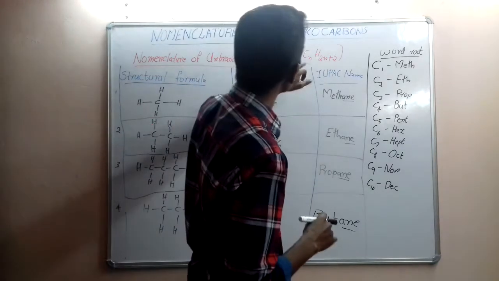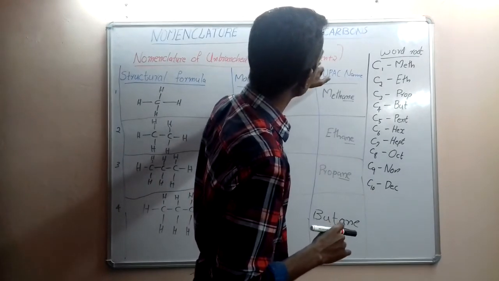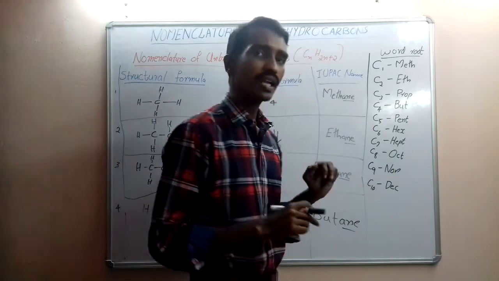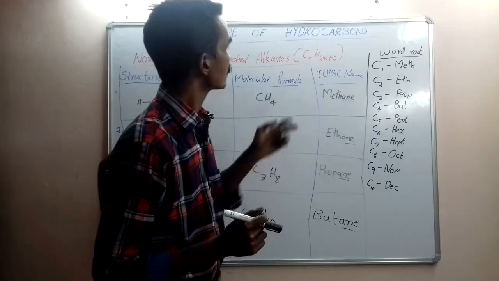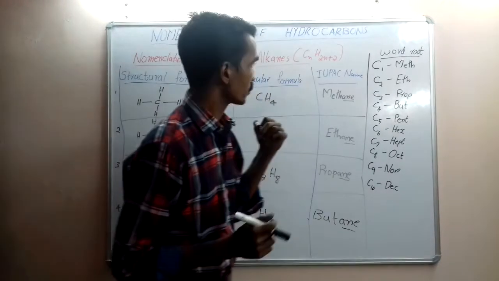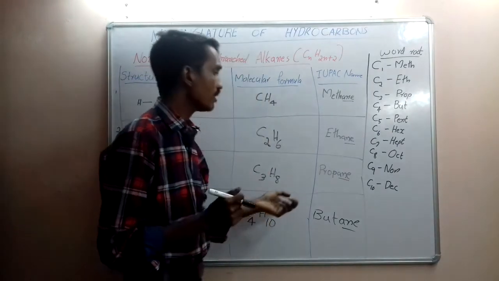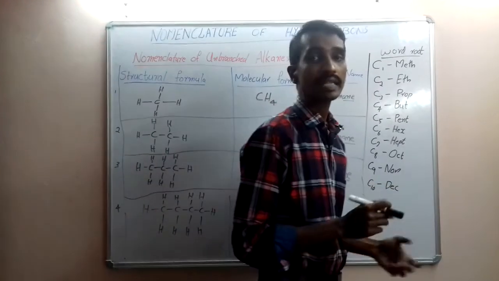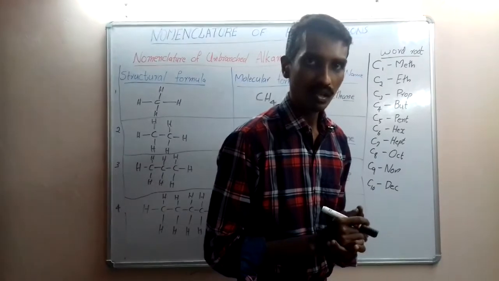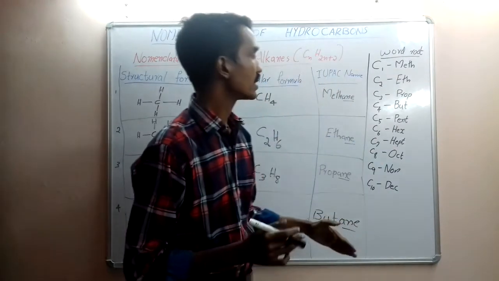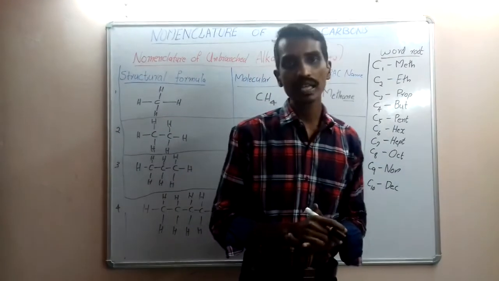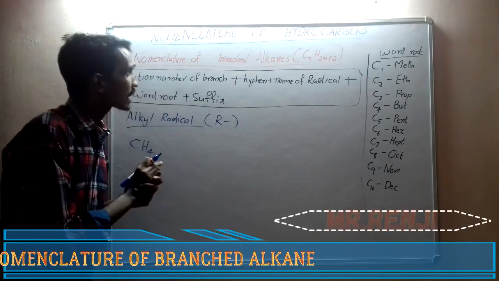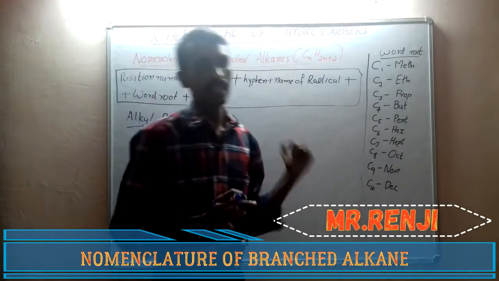So C10H22. Okay, so its name is decane. Likewise, all the elements we write. Clear? Next is nomenclature of branched alkanes.